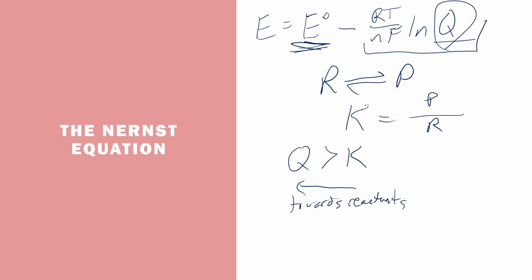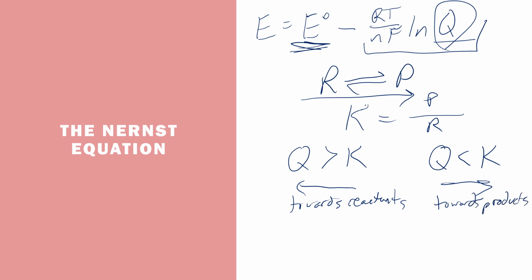Okay. Now, if we look at the other situation that could happen, if Q is less than K, then I have too many reactants. I need to make more products to get it to reach K. So it will need to go to the right, towards the products. Which means that because Q is too small, this fraction is less than 1, and so this term will be negative because of the natural log of that fraction.